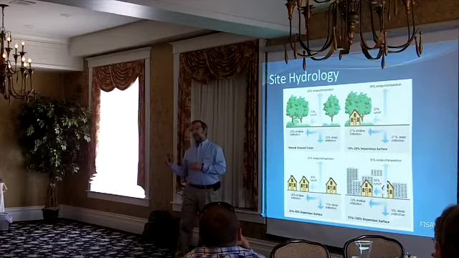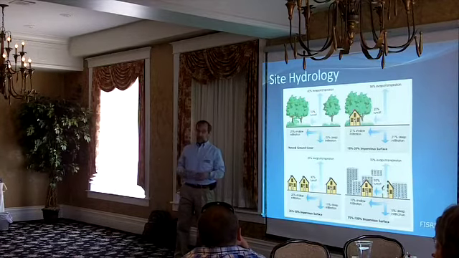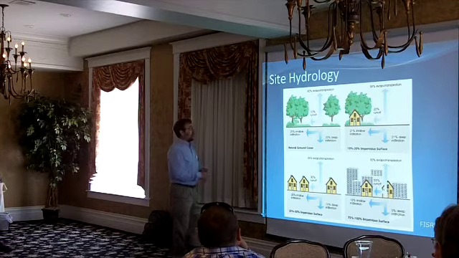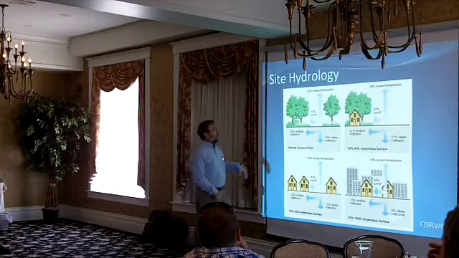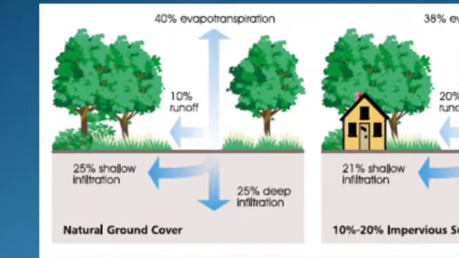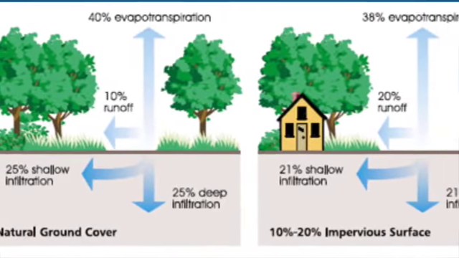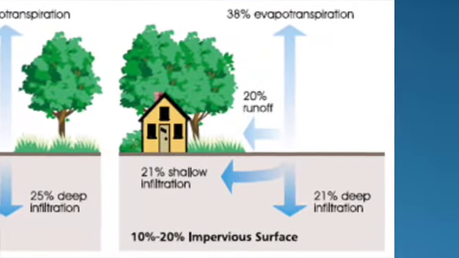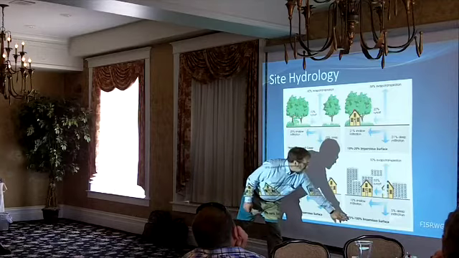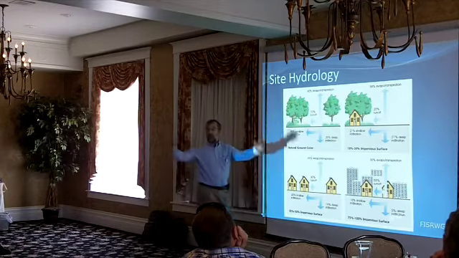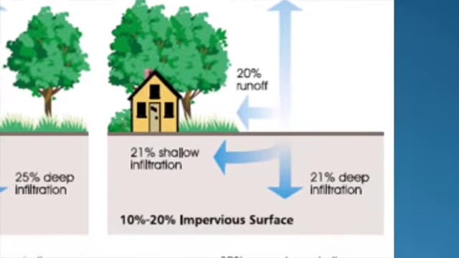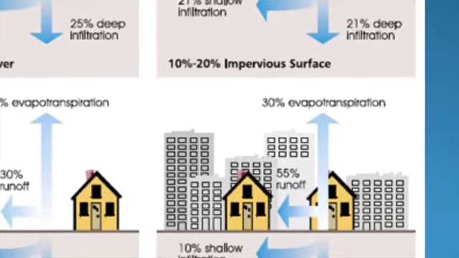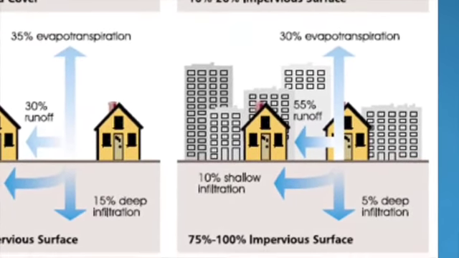And once you incorporate it into development, it's a strategic placement and use, but it's still essential in order to be successful applying LID. So as you move up with just a 10 to 20% impervious surface, you can see you start to have an effect. You've already doubled the runoff from what it was before. And ultimately, if you go to 75% to 100% impervious surface, downtown Detroit, maybe even downtown Traverse City, you have now increased the runoff by 45%.